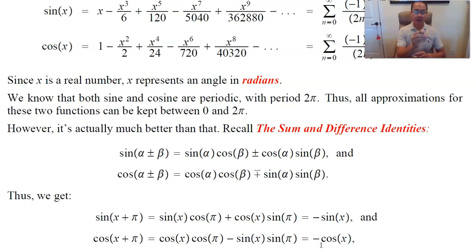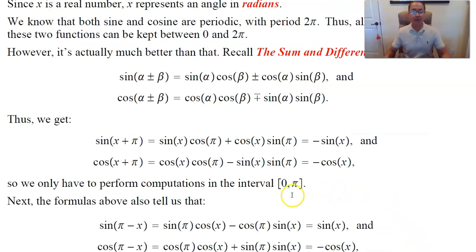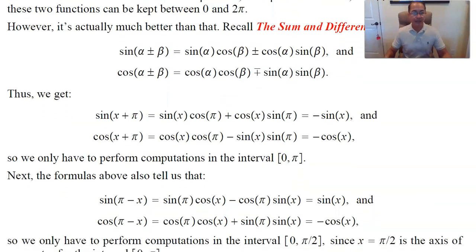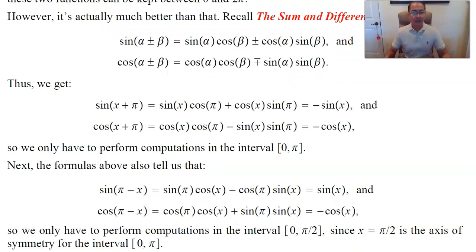So what was positive will become negative, what was negative will become positive. All right, so that means that we only have to perform computations between 0 and pi, or 0 and 180 degrees.